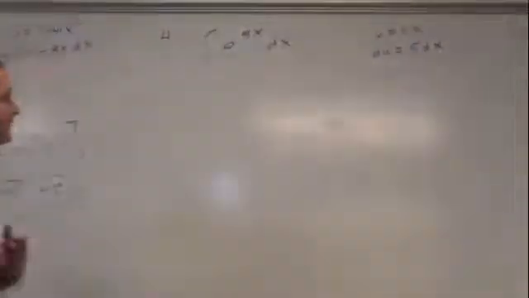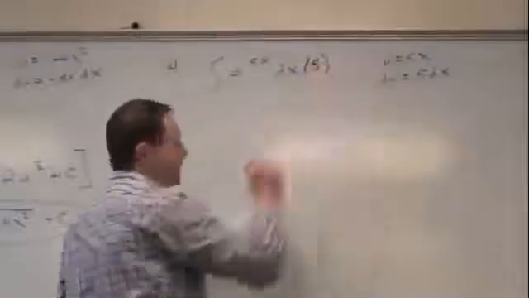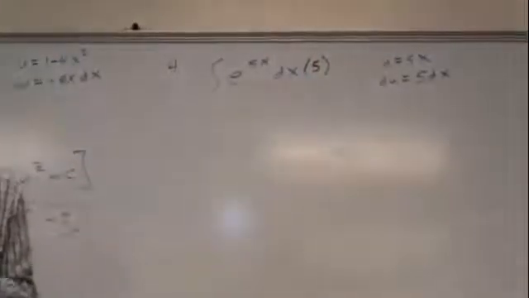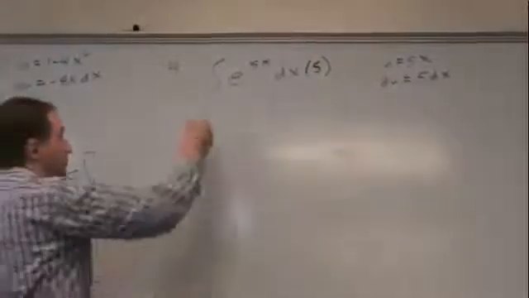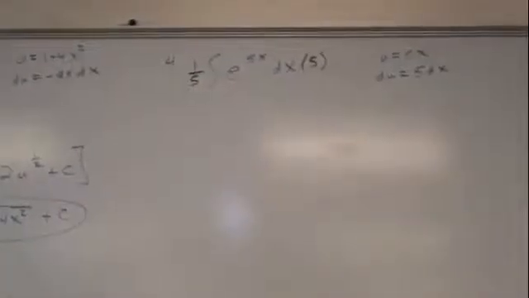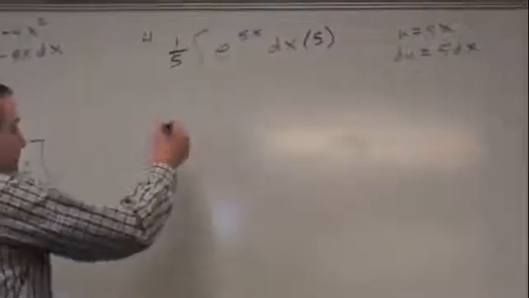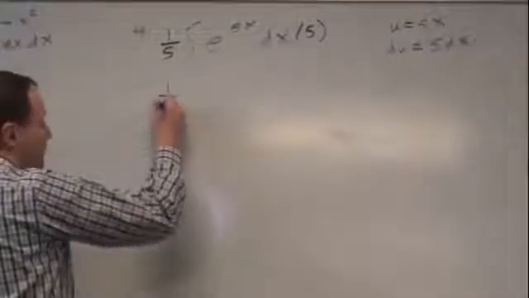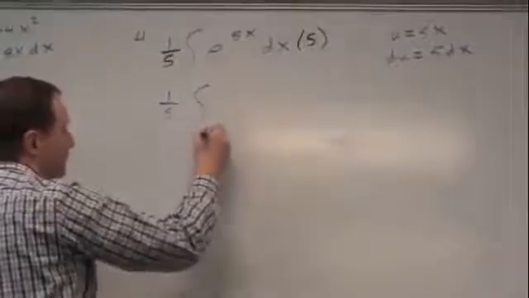So I would look at this and say, in order for me to work this problem, I need to see a 5 dx on the inside. So I'd multiply the inside by 5 then. If you do that, you have to make up for it by multiplying the outside by 1/5. You can always multiply a constant. And so I'll get 1/5 times the integral.